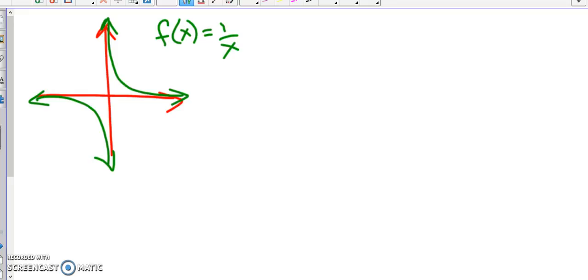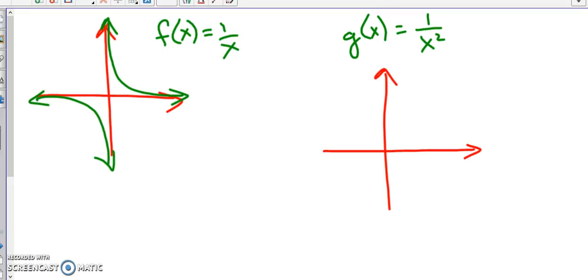I'd like to consider g of x equals 1 over x squared. So when x is negative, if I'm plugging it into g, what's going to happen with g if x is negative?